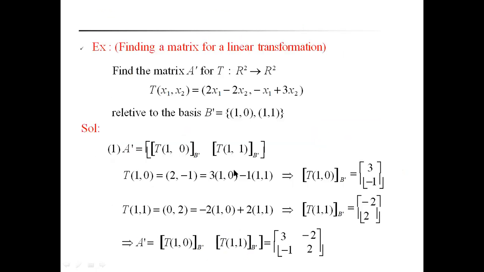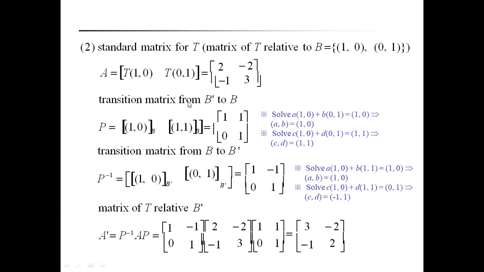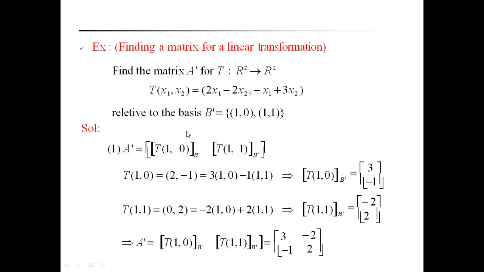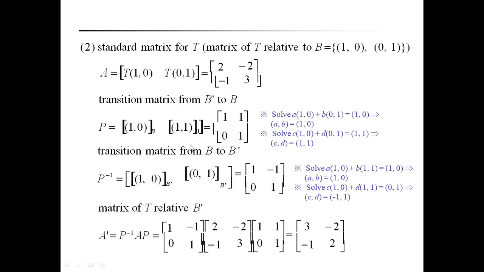Therefore, with the same formula, (1, 0) relative to the basis B and (1, 1) relative to the basis B, because (1, 0) and (1, 1) are the basis vectors of B dash. Therefore, solve these two equations: a into (1, 0) plus b into (0, 1) is equal to (1, 0). Therefore, a, b is equal to (1, 0). Therefore, solve the same.